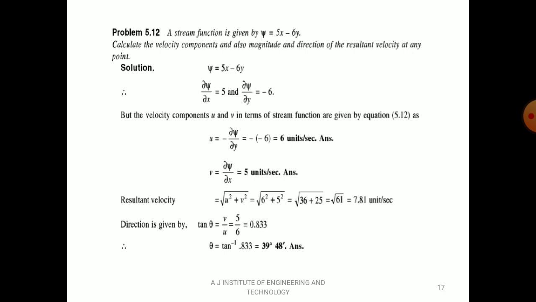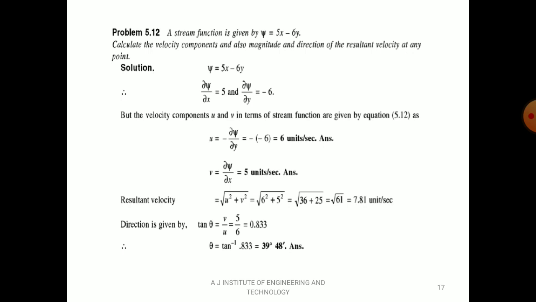Now just differentiate psi with respect to x and y. Dou psi divided by dou x, we get 5, and dou psi divided by dou y is equal to minus 6. The velocity components u and v in terms of stream function are given by the definition of stream function as u equal to minus dou psi divided by dou y, and v equal to dou psi divided by dou x.